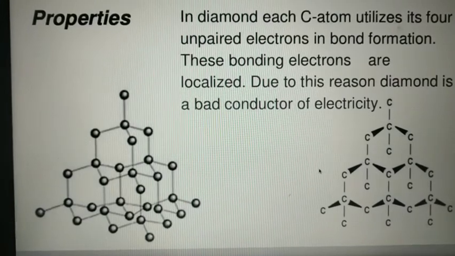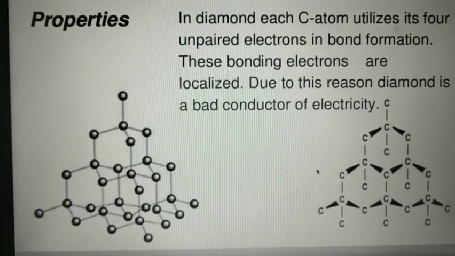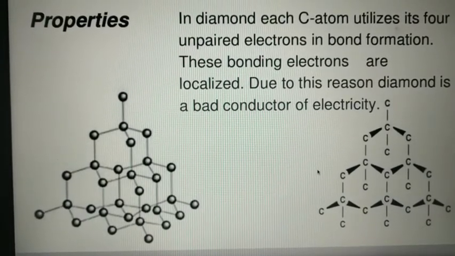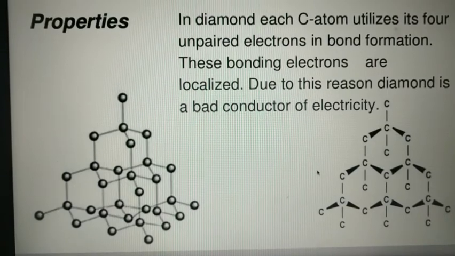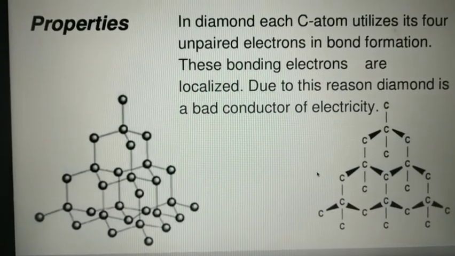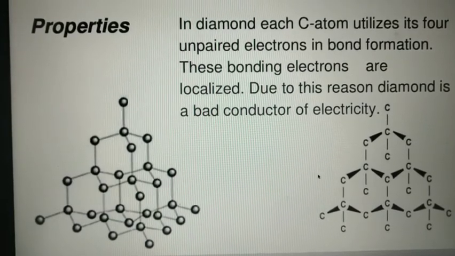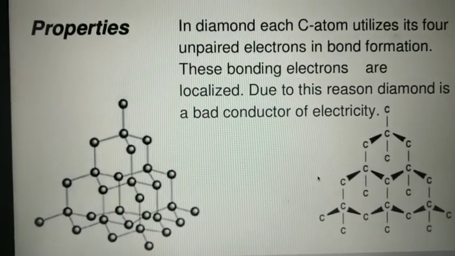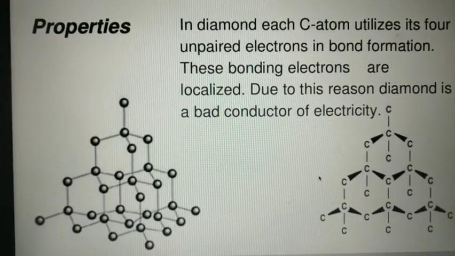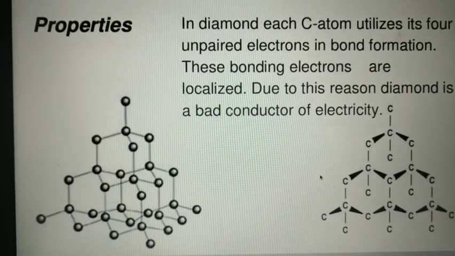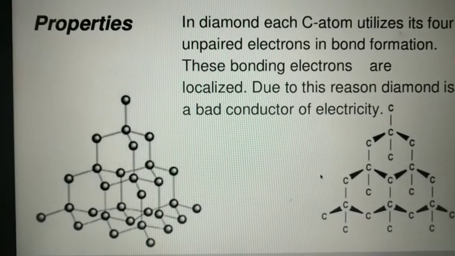So structure of diamond, you can see I am showing you. In the book also it is given that structure of diamond. Each carbon in diamond is bonded to 4 others in tetrahedral arrangement. So each carbon atom is covalently bonded to 4 other carbon atoms in a tetrahedral fashion.